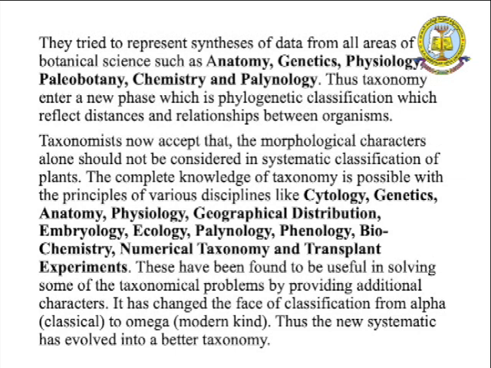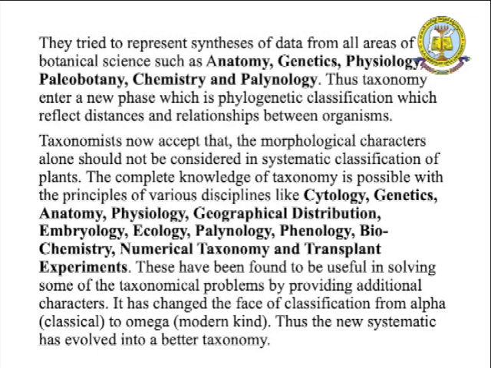Taxonomy has entered a new phase, which is the phylogenetic classification, which reflects the distance of relationship between organisms. Taxonomy covers identification, nomenclature and classification, and these sequences identify plants and animals and the different types of recent trends. Taxonomists now accept that morphological characters alone should not be considered in the systematic classification of plants.